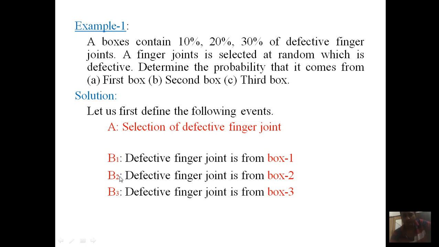B2 is an event which shows that the defective finger joint is coming from box 2, and similarly B3 represents that the defective finger joint comes from box 3. So we define two kinds of events, A, that is selection of a defective finger joint, and B1, B2, B3, where the suffix denotes the defective finger joint coming from that respective box.